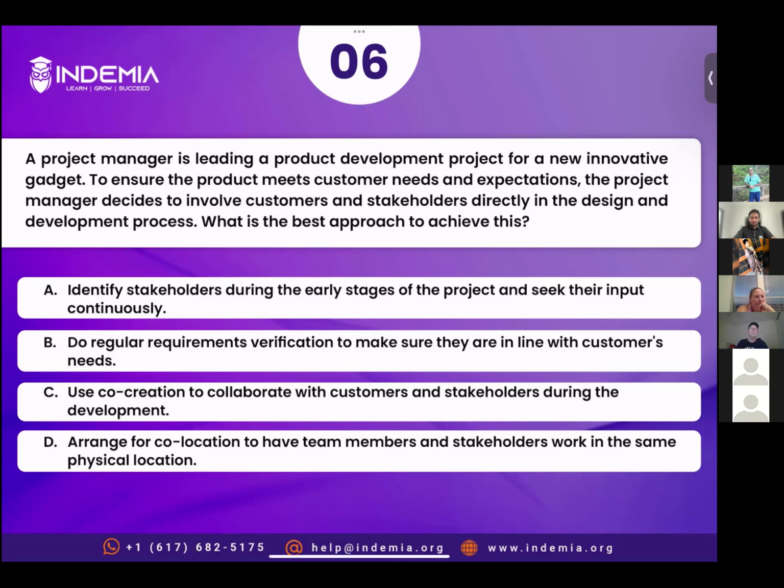So your answer is correct, those who have chosen option C, but the reason is different, right? Maybe the question is structured in a way it's a little easier for you to figure out the right answer just because of customer and stakeholders.